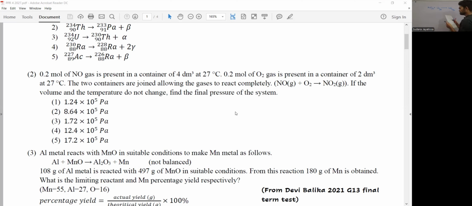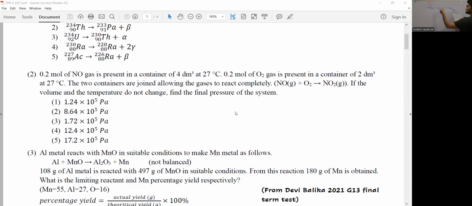And the data given: 0.2 moles of NO, and it is kept in a 4 decimeter cube vessel at 27 Celsius. And about O2 also data is given.